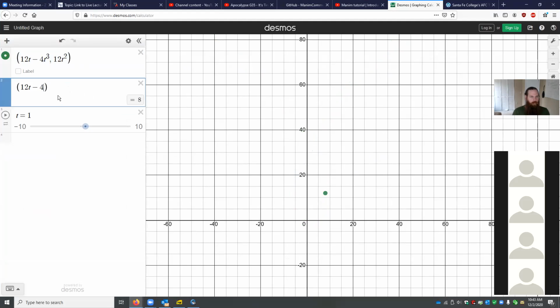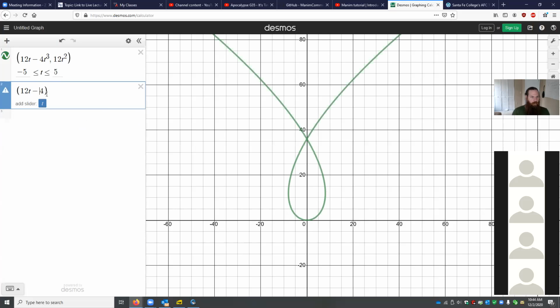Let's do s cubed, yeah, so add the slider. s squared. Okay, so here you see this particle moving around along this graph.